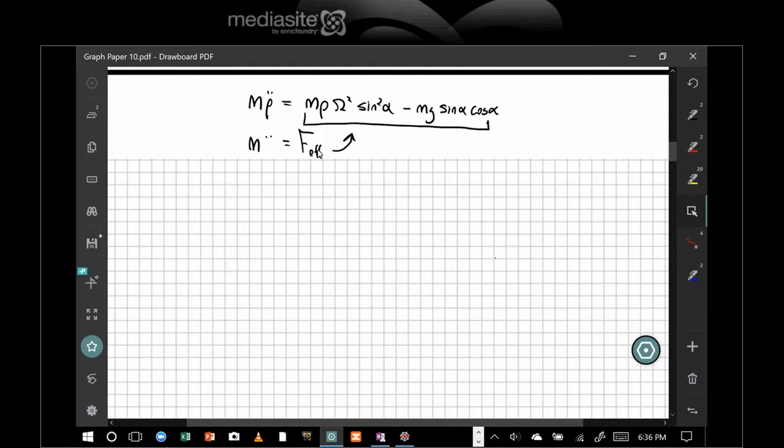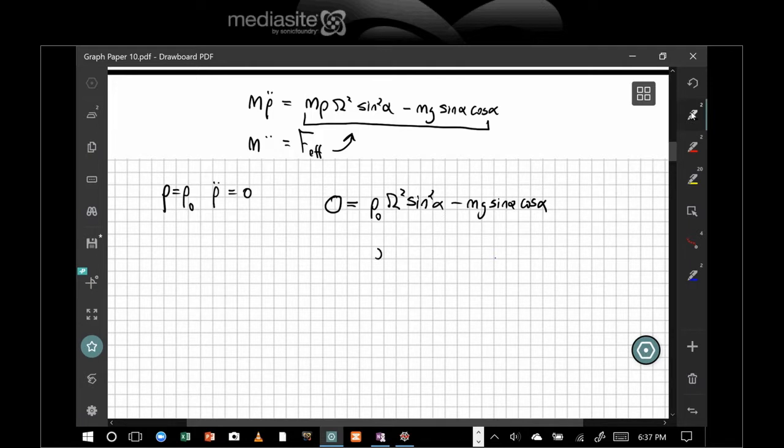So let's first find the equilibrium position. The way I find the equilibrium position is I set rho equal to rho naught and rho double dot equal to 0. Put that into the upper equation, and I'm going to get 0, and dividing by the mass, rho naught omega squared sine squared alpha minus mg sine alpha cosine alpha equals 0.